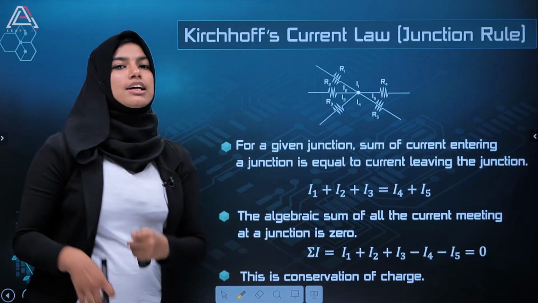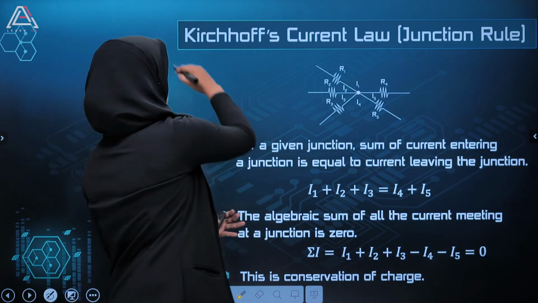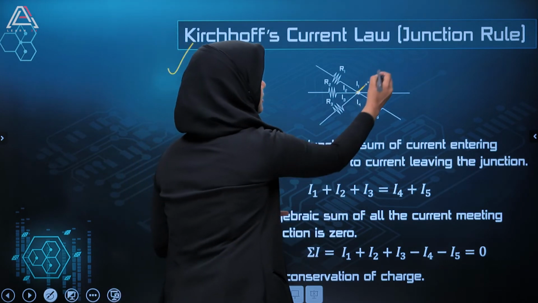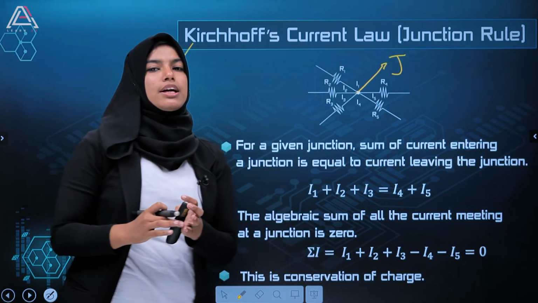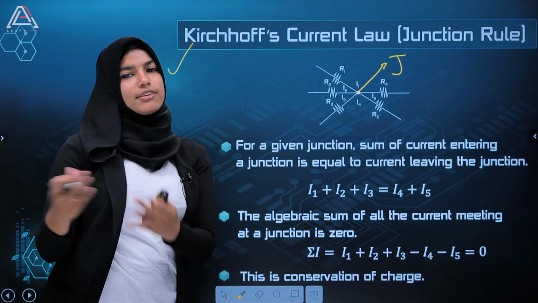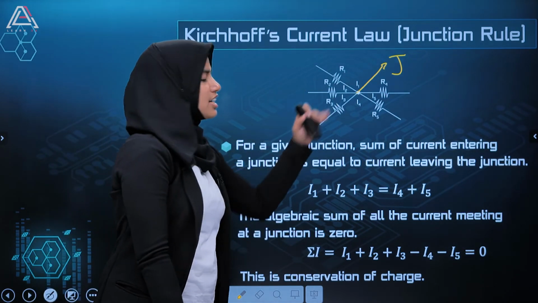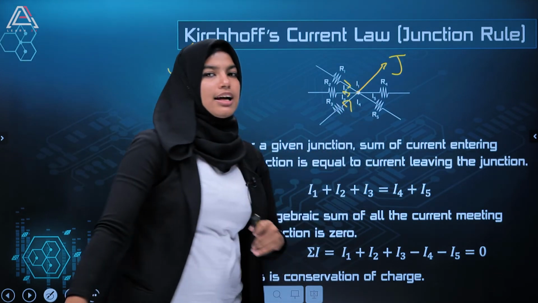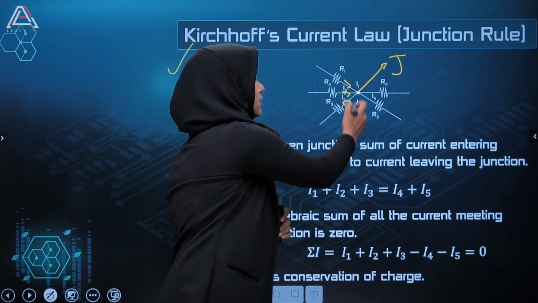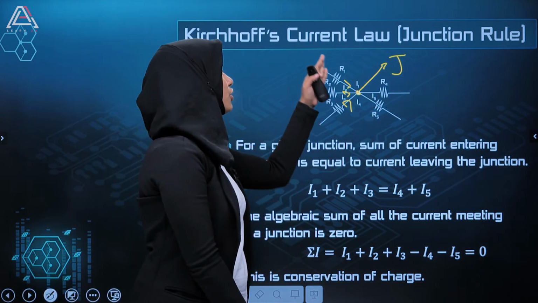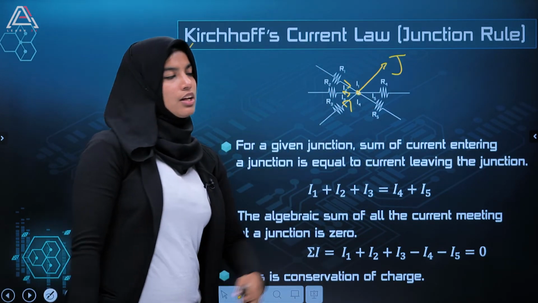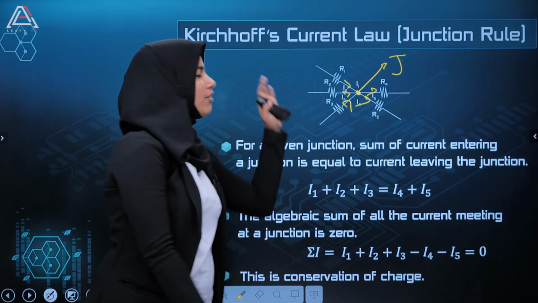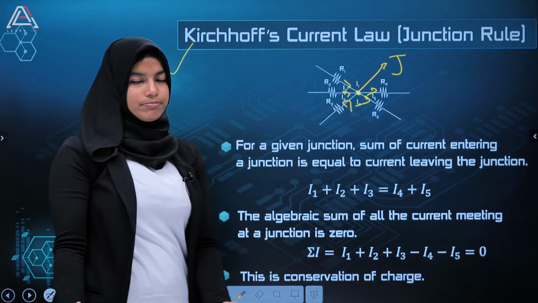So the first one, Kirchhoff's current law or the junction rule. For that, we are going to consider a junction. This point is a junction, and we are going to analyze the current over it. Consider the junction J, and I1, I2 and I3 are the currents incoming to this particular junction, with corresponding resistors R1, R2, R3. Now consider I4 and I5 leaving this junction.